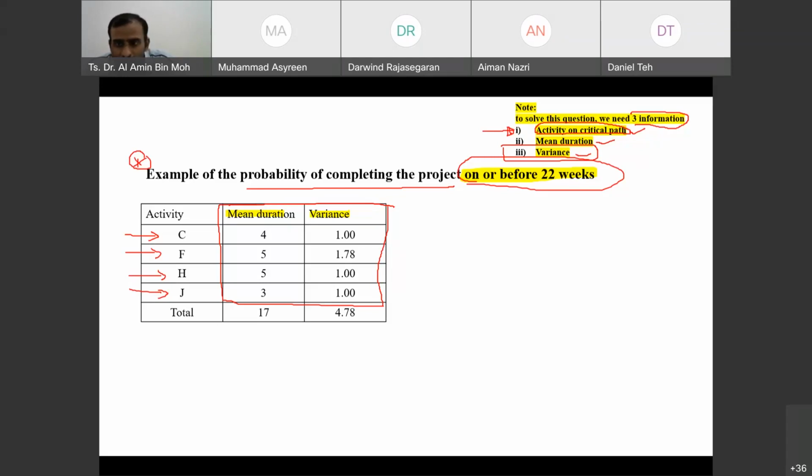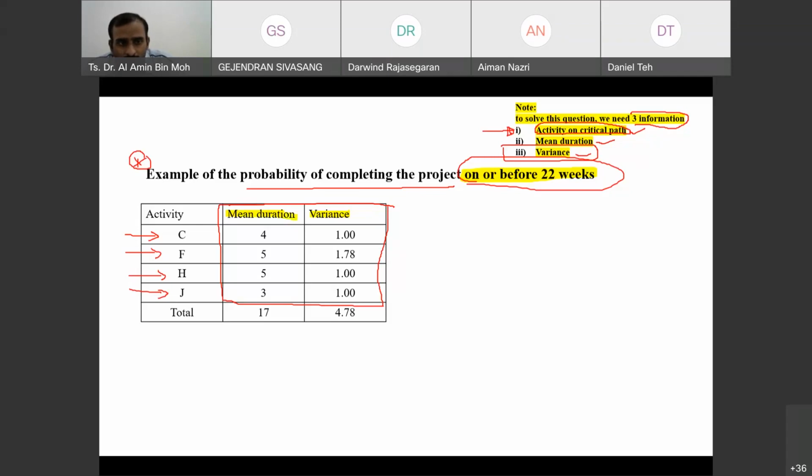From calculations, from the formulas, thank you. Gajendran, I'm asking where we get this mean duration and variance information from. The optimistic time, the most likely time, and the pessimistic time.